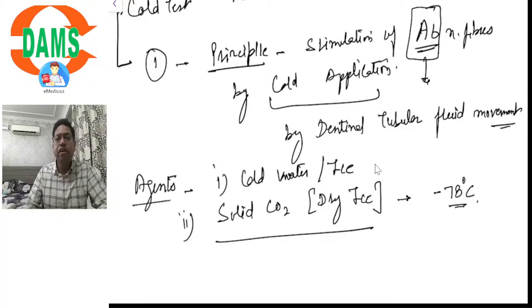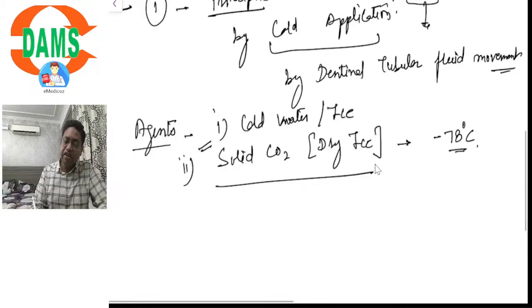It is so cold that it can stimulate the viable A delta nerve fibers even through a full coverage crown. Full coverage crown means the patient may have a metal crown, a porcelain fused to metal crown, or a simple metal free porcelain crown. With any full coverage crown present, this solid carbon dioxide is so cold that it is able to stimulate the underlying A delta nerve fibers, if at all they are present in the pulp.